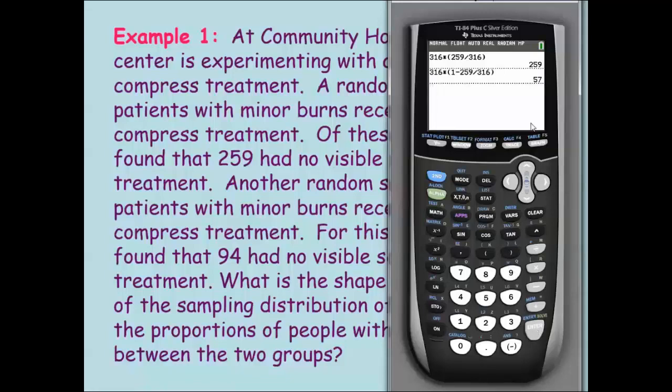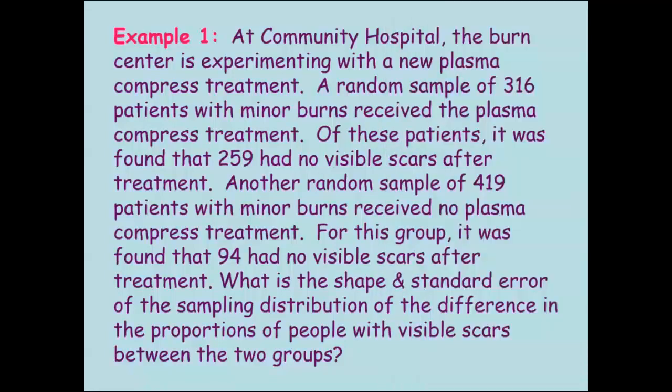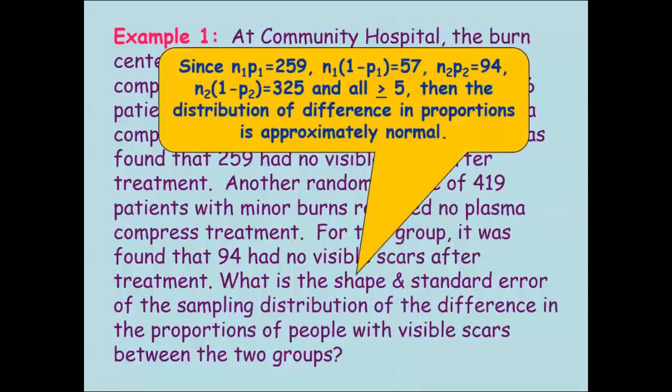Okay, then the 94 we get from the same rationale, that the second sample was 419 times 94 over 419, which still gives us the 94.